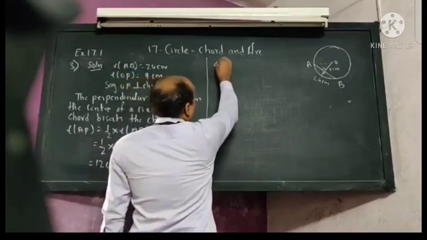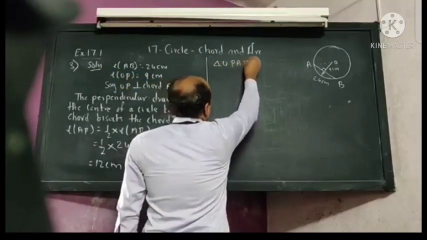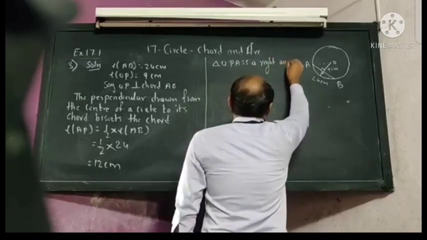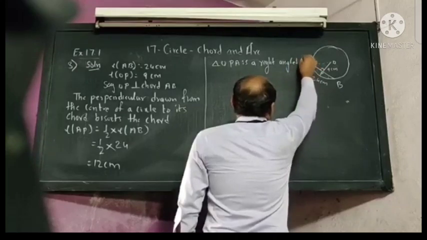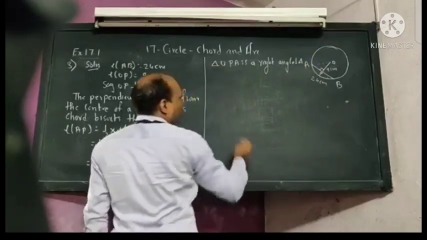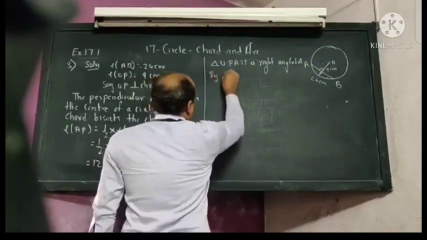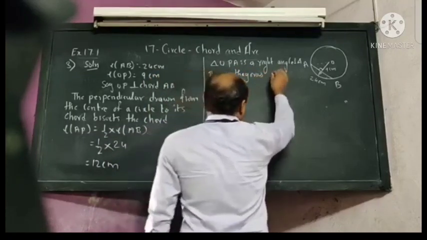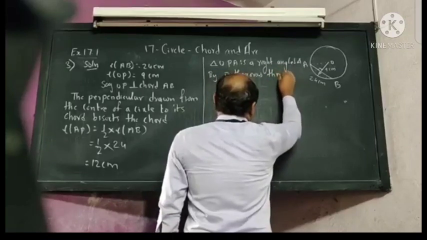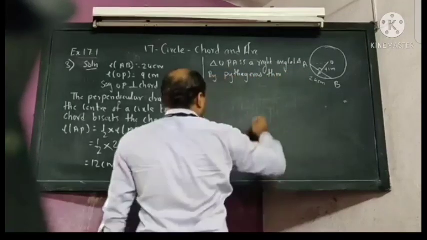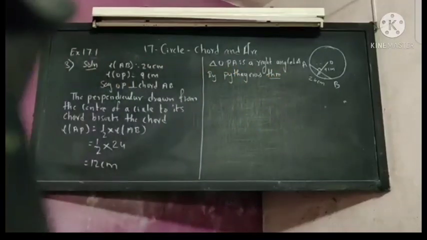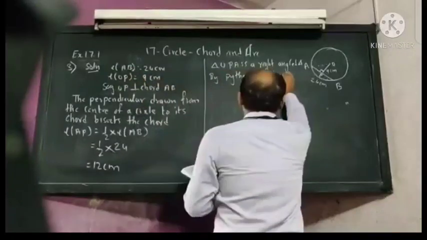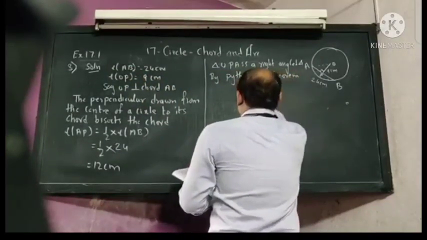Now we will take the triangle OPA. It is a right angle triangle. So we are applying the Pythagoras theorem over here.